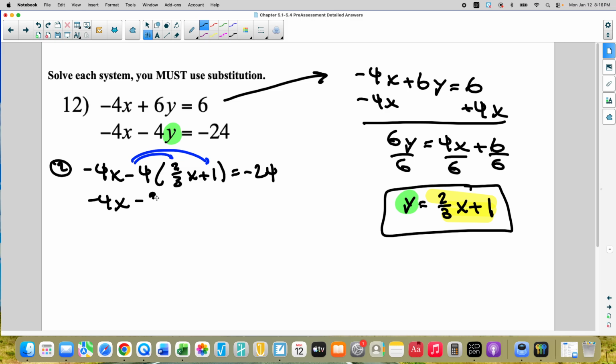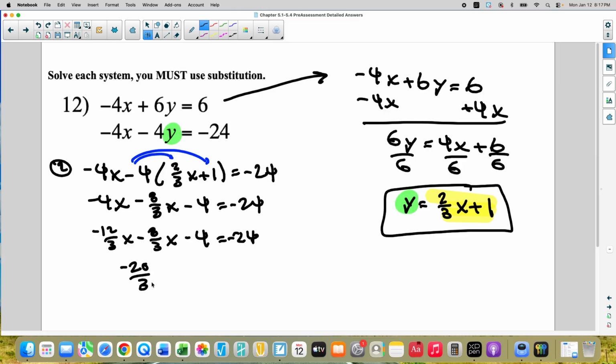Minus 8/3 x, and this is -4 equals -24. All right, so this in thirds is -12/3 x minus 8/3 x minus 4 equals -24. -12 and -8 makes -20/3 x minus 4 equals -24.